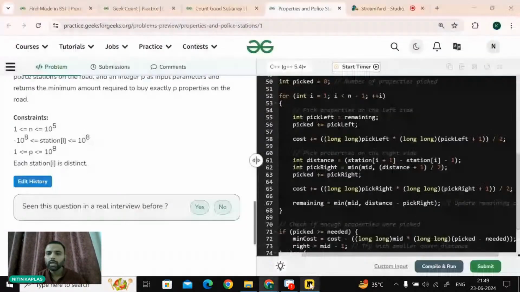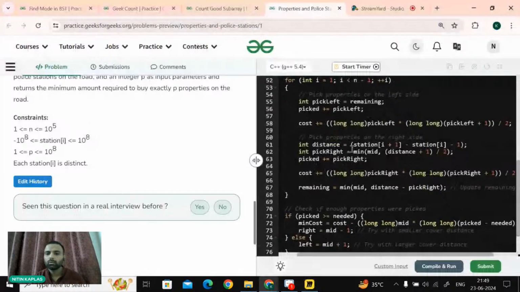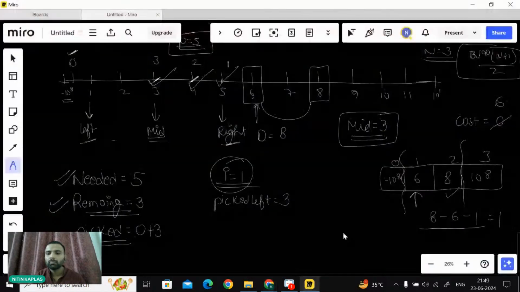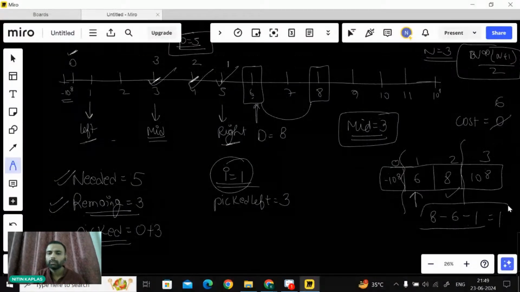Here again we have written distance equal to station i plus 1, because right now I'm at i equal to 1. Station i plus 1 minus station of i, which is my current station, minus 1, right? That simply gives me 8 minus 6 minus 1, which is 1. I know that only one plot is there, right? So I know that distance is 1.